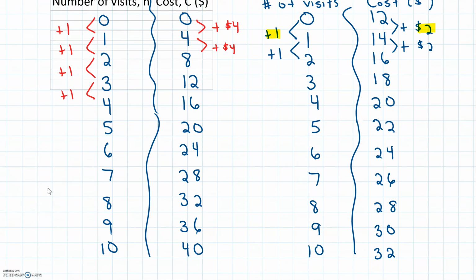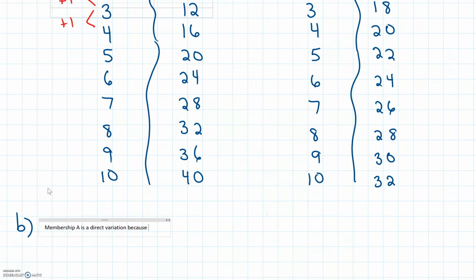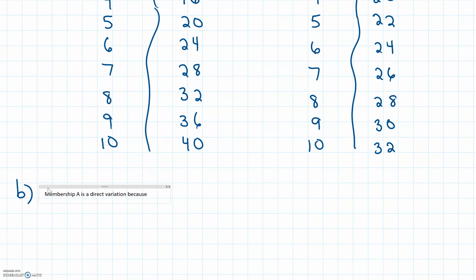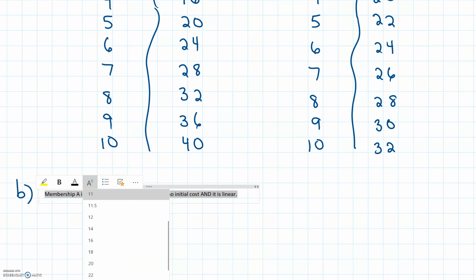That's a strategy to help you determine if it's direct variation, but that's not the reason you want to write. You want to write it's a direct variation because there is no initial cost and it is linear. Once you make your graph, you'll see that this graph is a straight line. If you don't have a straight line, you've done something wrong.